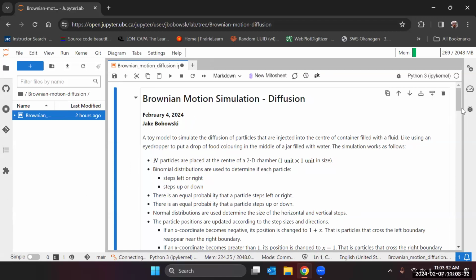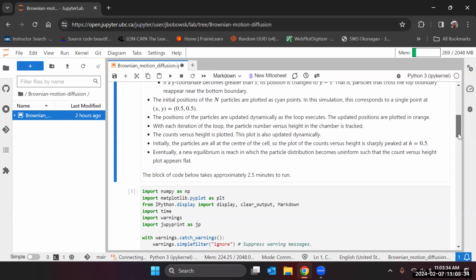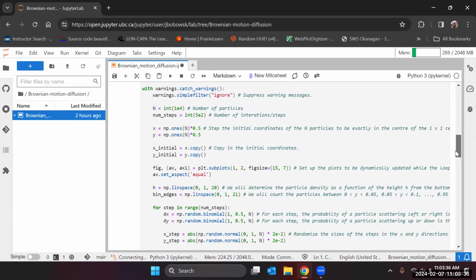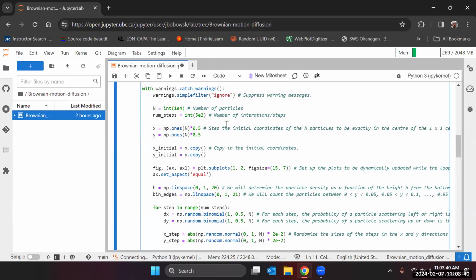And what we're going to do is place 10,000 particles. So here it is, 1 times 10 to the 4 is 10,000 particles. And we're going to watch them as they take 500 steps of Brownian type motion. This is also analogous to what we talked about before.